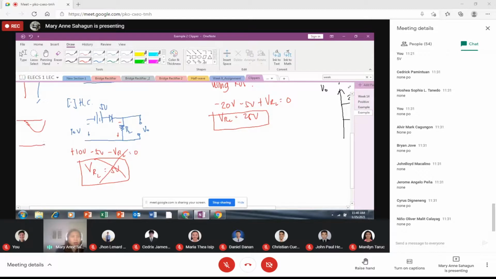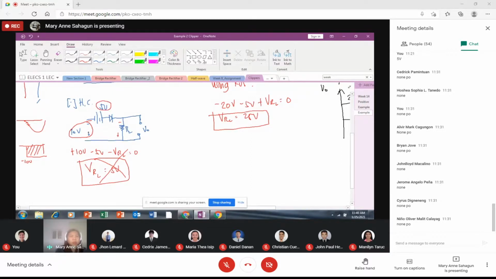Pero here, unlike dito sa 10 volts class, okay, meron kang automatic na 10 volts. Wala ka mang 1, 2, 3, automatic 10 volts. So, meaning to say, halimbawa, solve ka lang ng solve, hindi ka nag-a-analyze, mali na yung approach mo. Why? Because the negative 10 volts is greater than the positive 5 volts. Bigla na kasi may 10 volts.